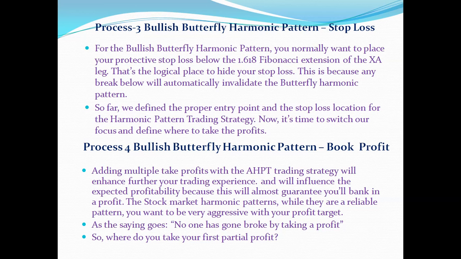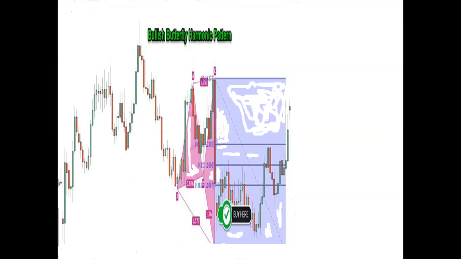Process: bullish butterfly harmonic, book profit. Adding multiple profit targets with the AHPT trading strategy will enhance your experience further. The stock market harmonic patterns are reliable patterns, we can use that. You see that we can book the profit here.